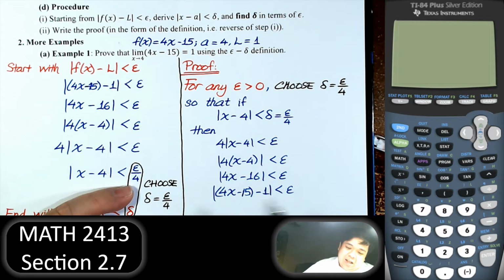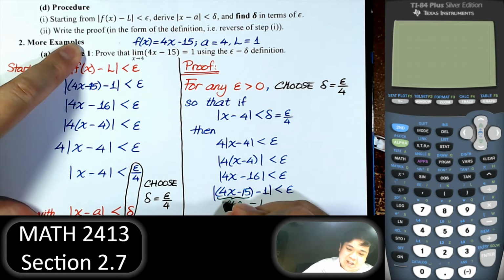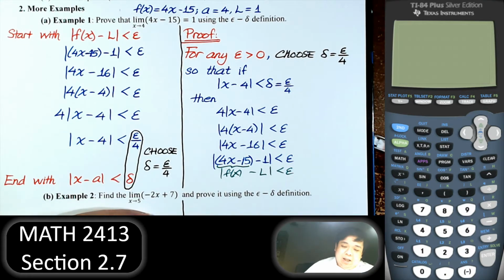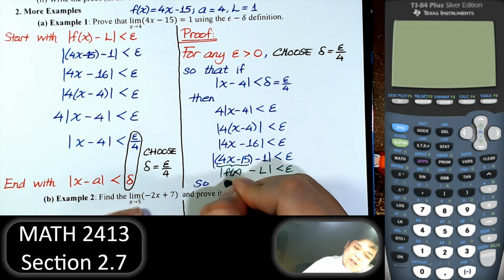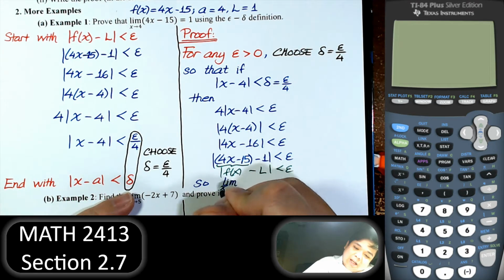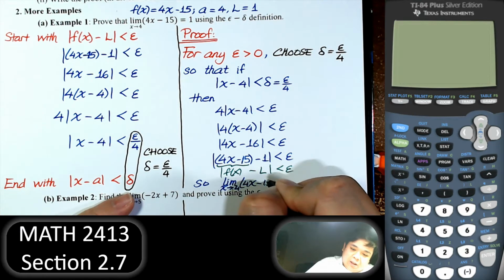And of course this is f of x. So pretty much I just write this in reverse. Because that is true, we say the limit as x goes to 4 of 4x minus 15 equals 1.